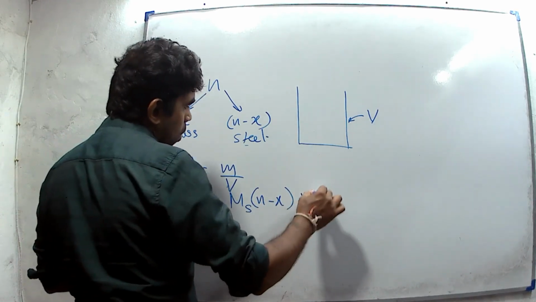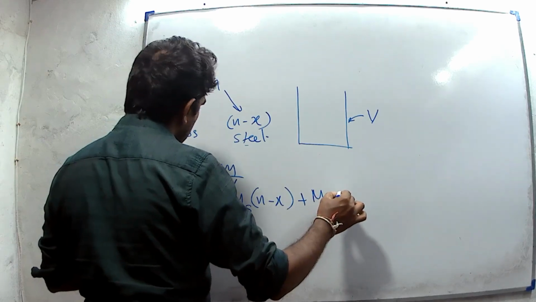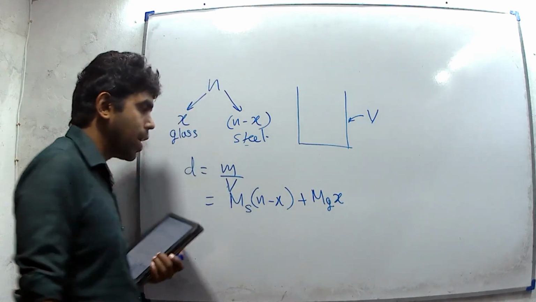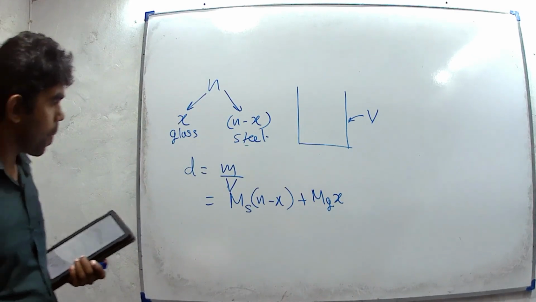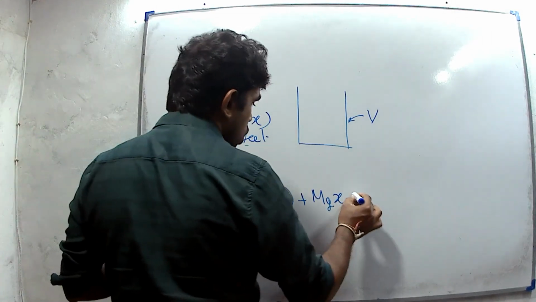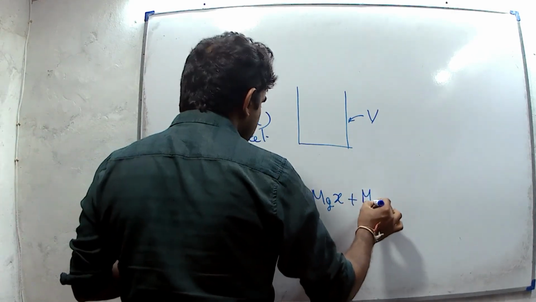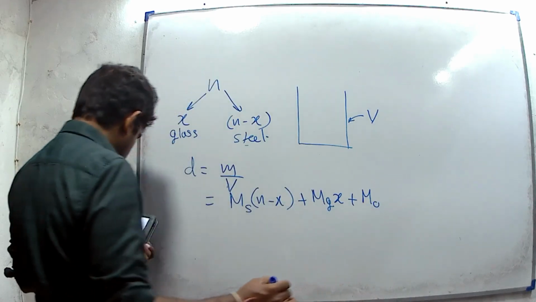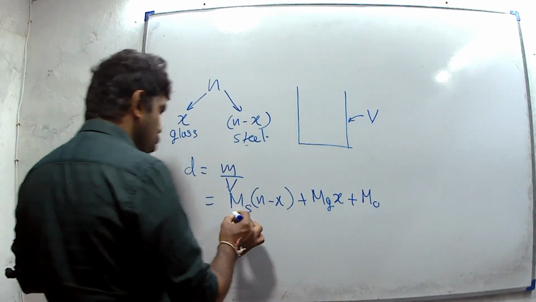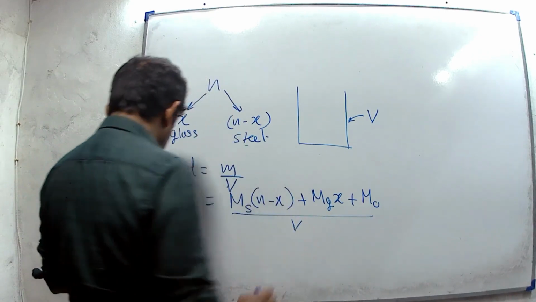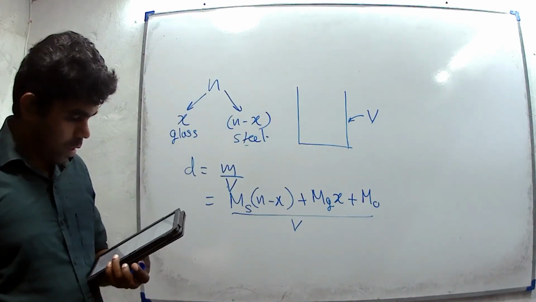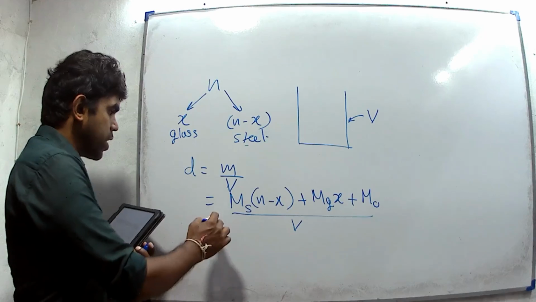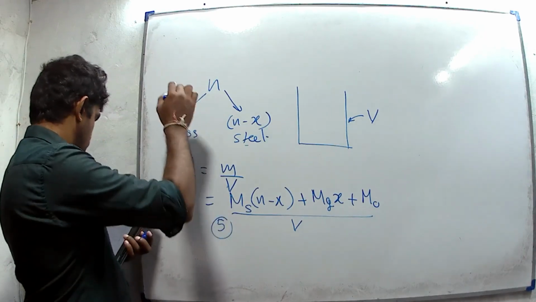Mass of a glass ball Mg into X number of glass balls. Plus the mass of empty container M0. This is the total mass. We have to divide by total volume V. Then this one is the correct answer for question number 35.